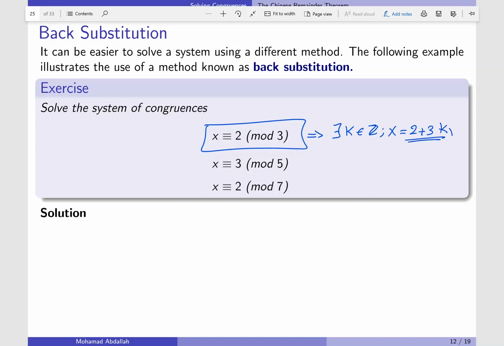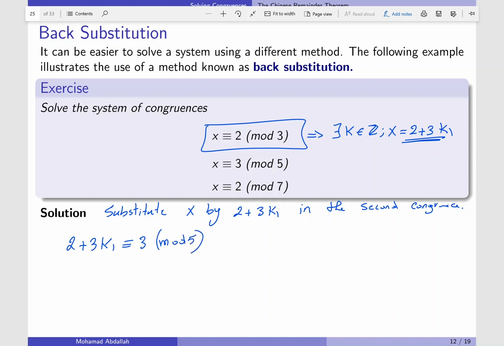Now substitute this x, so substitute x by 2 plus 3k1 in the second congruence. This means that you get 2 plus 3 multiplied by k1 is congruent to 3 mod 5.